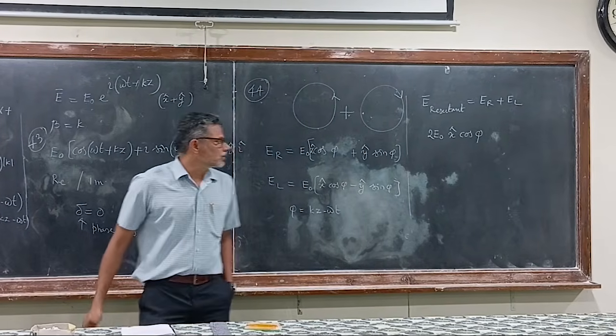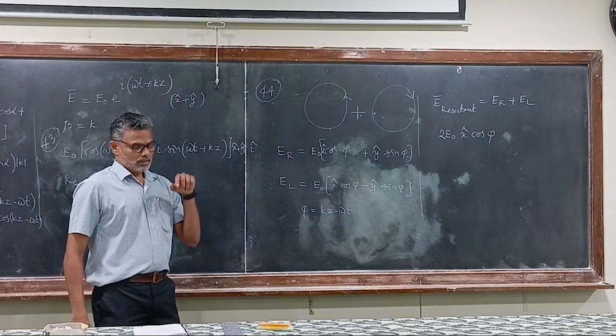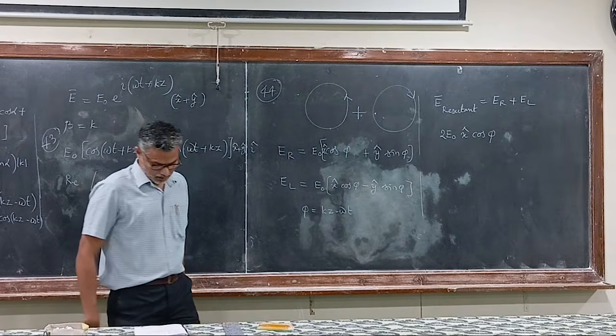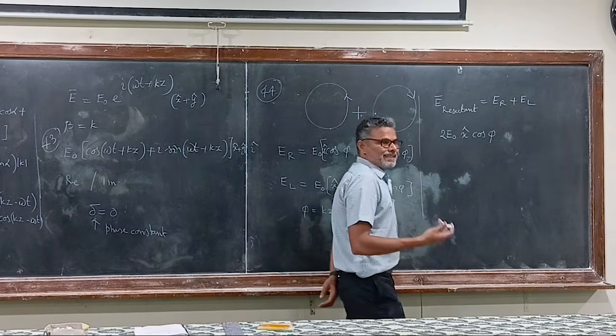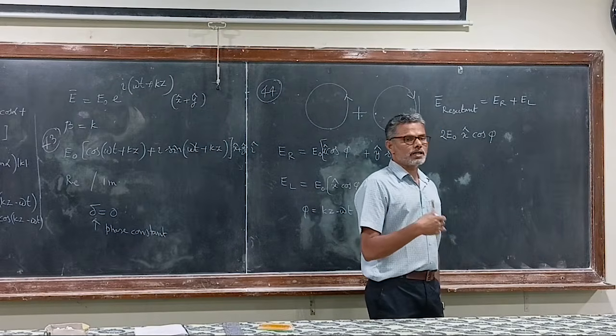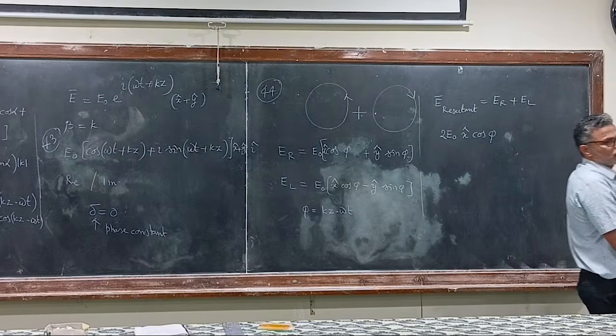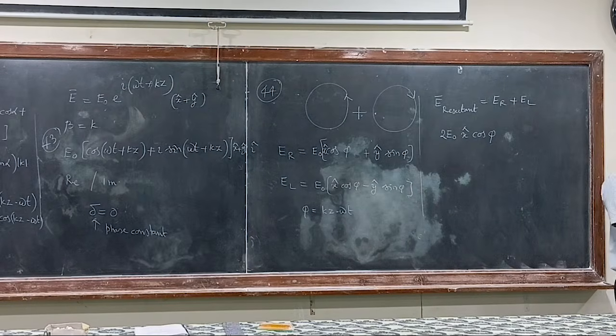So that means your amplitude is along only the x axis. So it is linearly polarized along the x axis. So if you sandwich two oppositely circularly polarized waves, one left and one right, you get a linearly polarized wave.